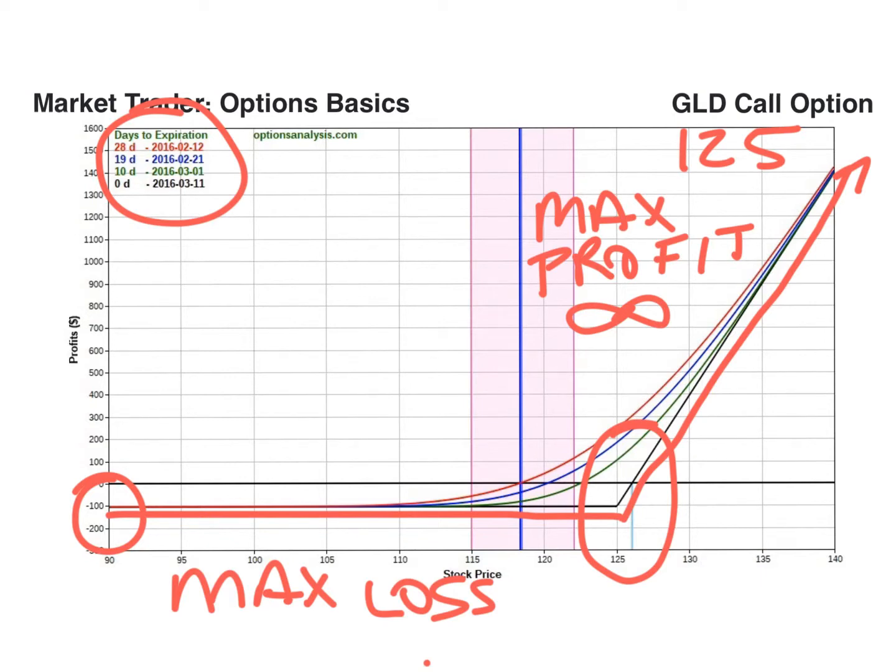So we're going to be into sort of this range where this option begins to flex and curve up in terms of our actual profit and loss. We'll be talking more about that in our third lesson in the Market Trader about how to gauge where price might be going and how to read that.